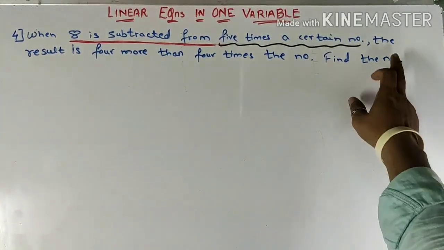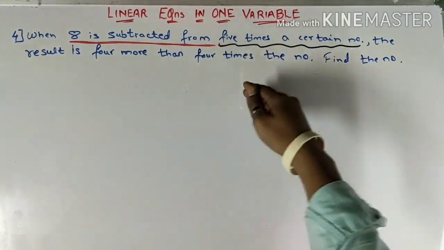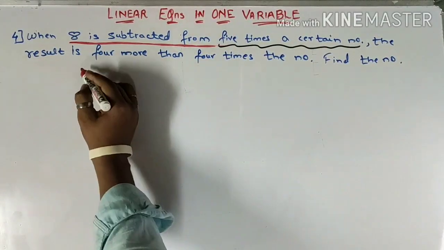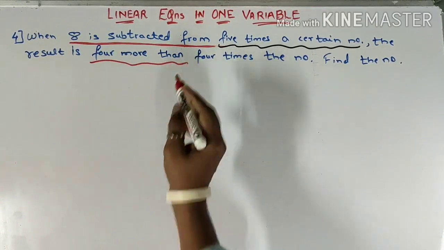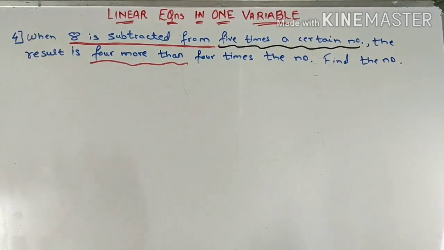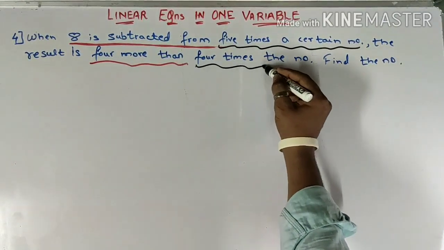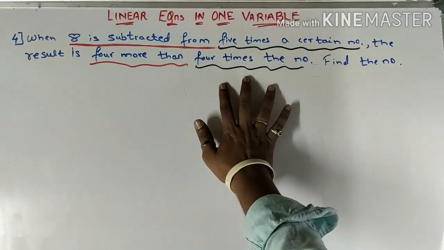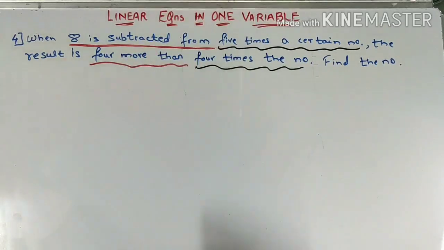Now the result is, that means it equals to 4 more than 4 times the number. That means I take the same number multiplied by 4 and add 4 to it.